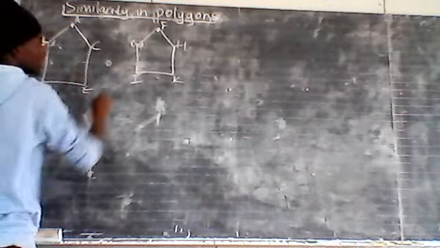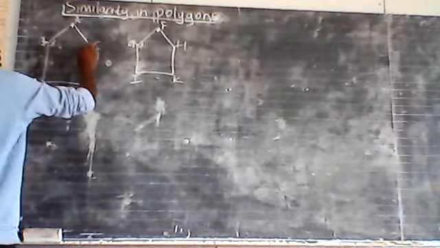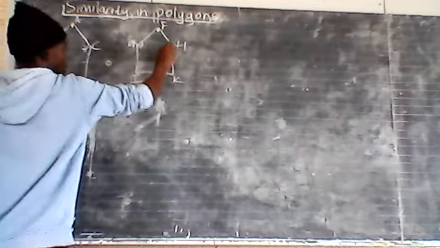Is that also C? It's E. It's A, B, C, D, E, F, G. This was G. So I'm having C there equal to H. I'm having that side equal to that side. I'm having this side equal to this side.